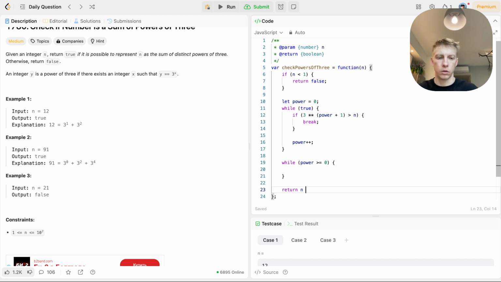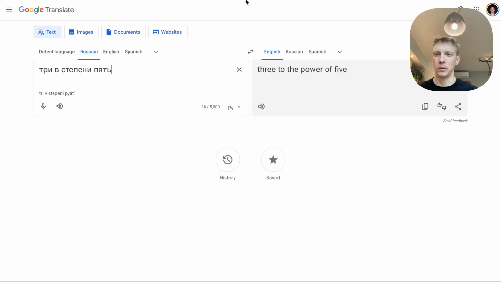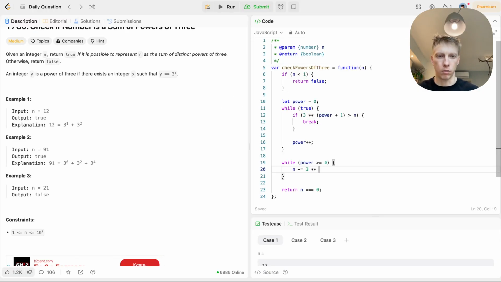So while power is bigger or equal to 0, we should subtract from n 3 to the power of power, and we will return n equal to 0. Then, no, we should check if we can subtract it.